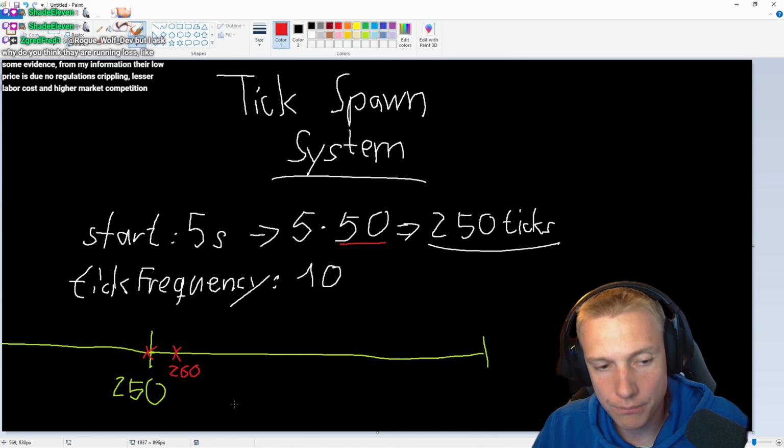And then we need a const int tick elapsed ticks, which is level state tick counter. This is how many ticks have elapsed. And then the start time, we have a const int start tick or something. That would be the start time for the spawn batch times the update delay.